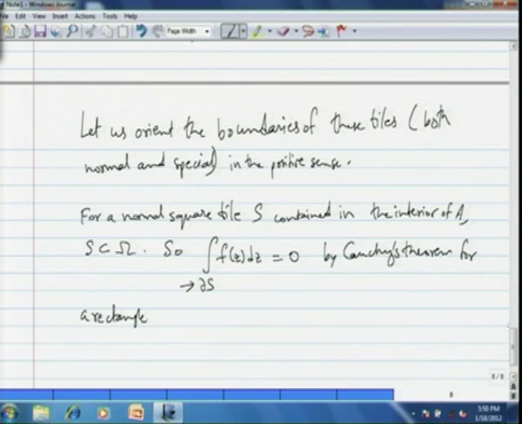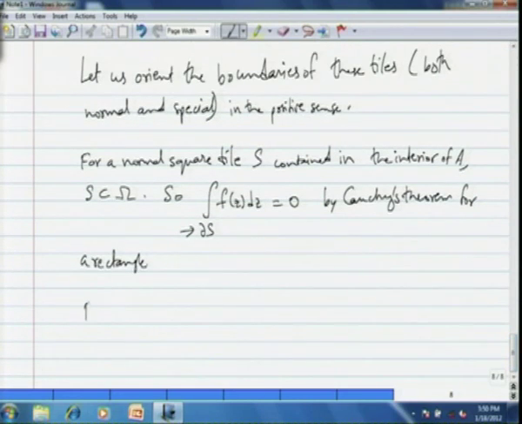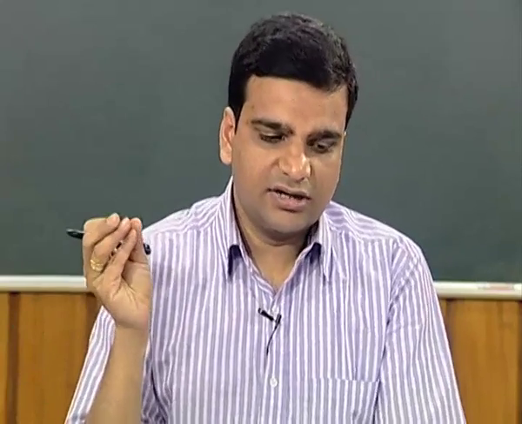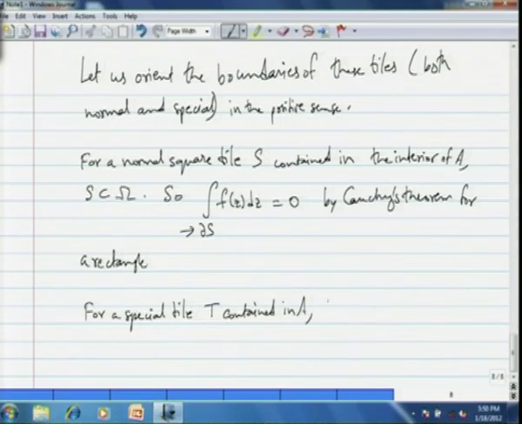for a rectangle. And for a special tile, let us call it T. Actually T is possibly a union of finitely many compact pieces. Then for a special tile T contained in A, the boundary of T is a finite collection of positively oriented simple closed curves.